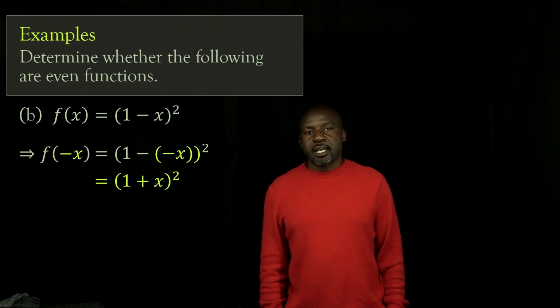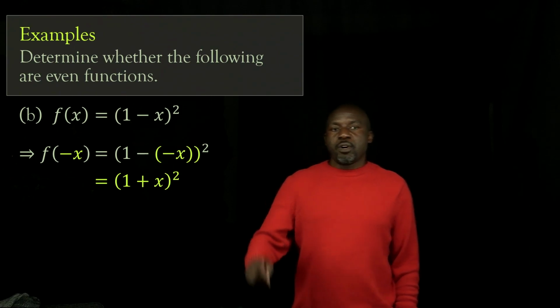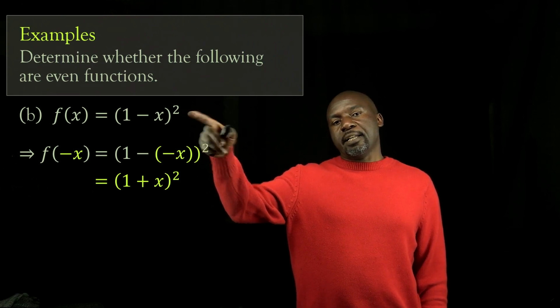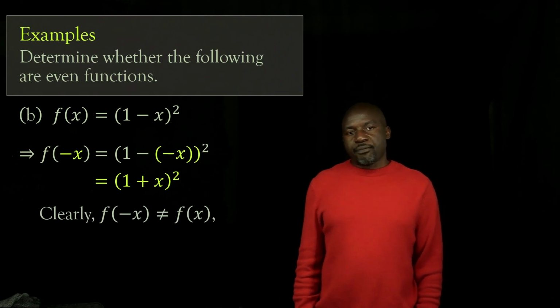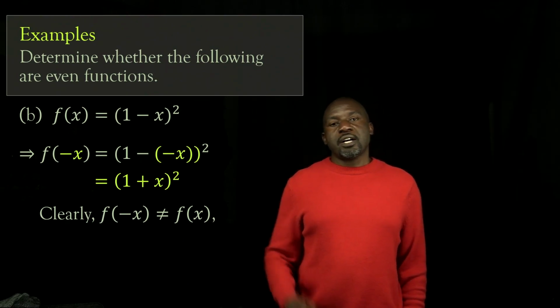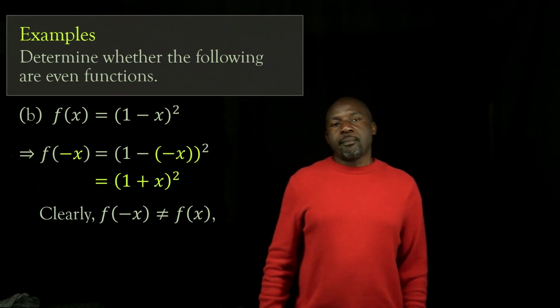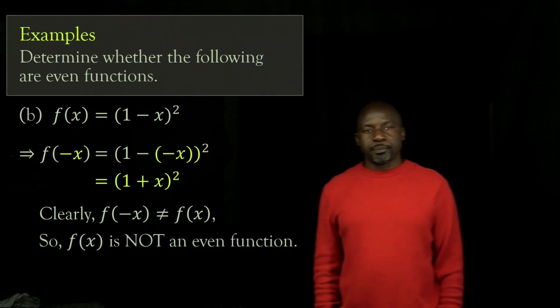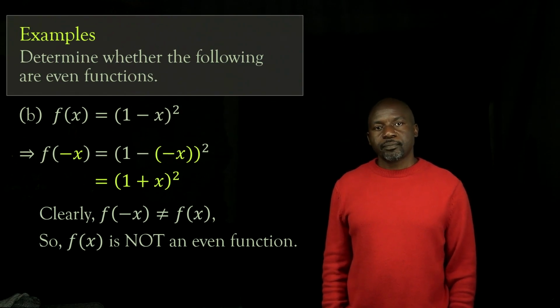All right, so that is f of negative x. Now if we compare f of negative x with f of x there, we can see clearly that they are not the same. So f of negative x is not equal to f of x, and because of that, this function, f of x is 1 minus x, in brackets, squared, is not an even function. I hope this is clear.